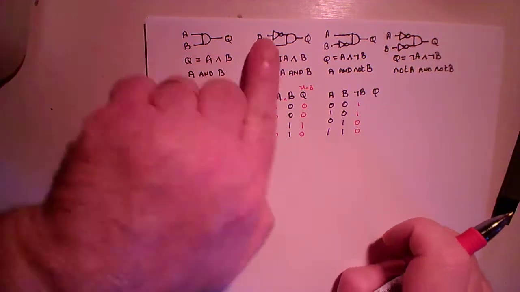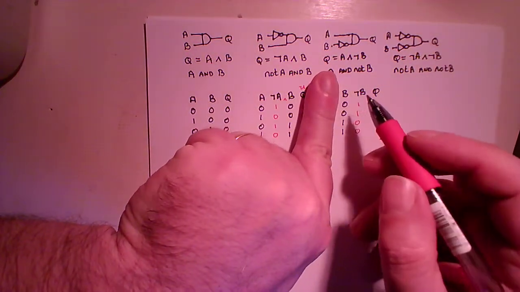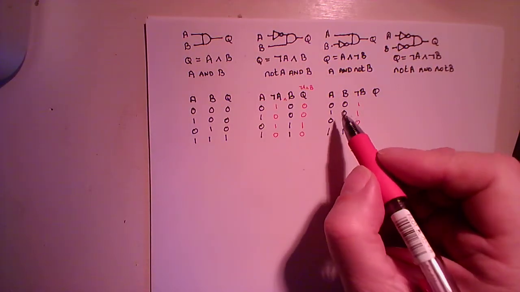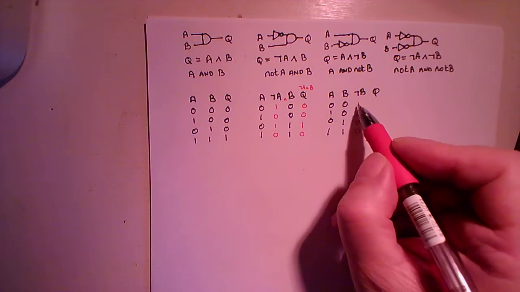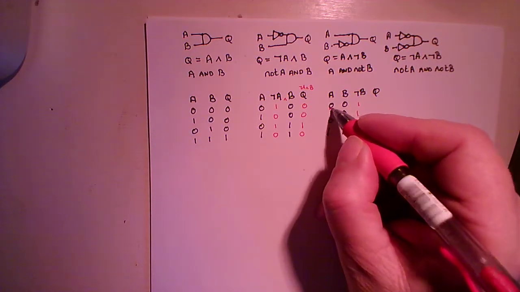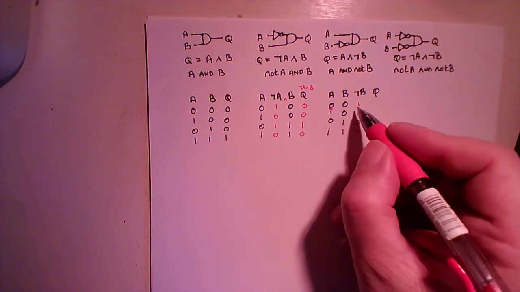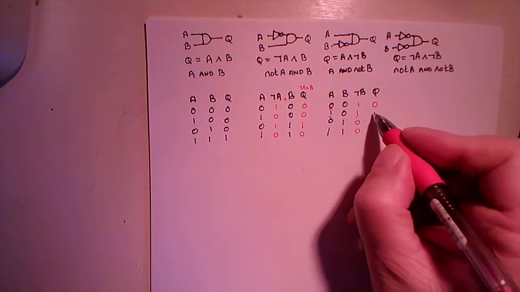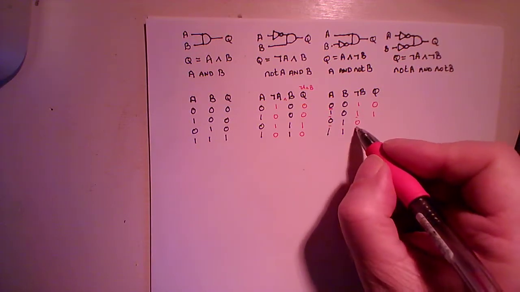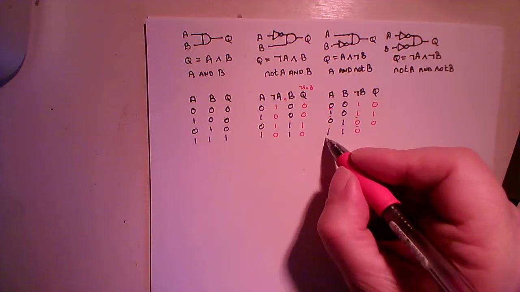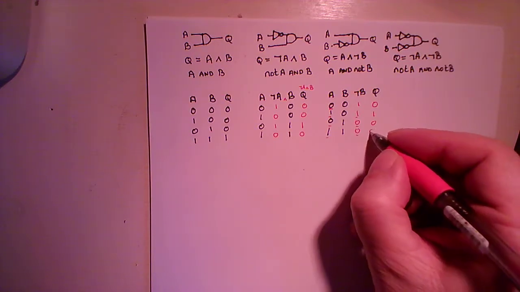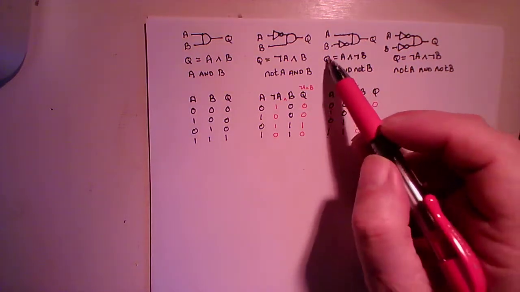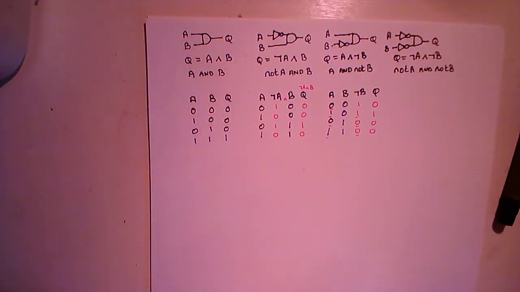I'm only looking at the B. I'm not looking at the A at all. And now I'm going to AND these two together. Let me just underline it as I go. 0 and 1 is 0. 1 and 1 is 1. 0 and 0 is 0. 1 and 0 is 0. And that is my truth table for this diagram, this algebra, or that programming statement.